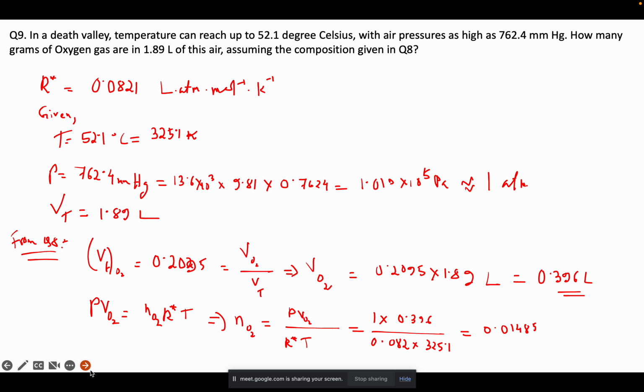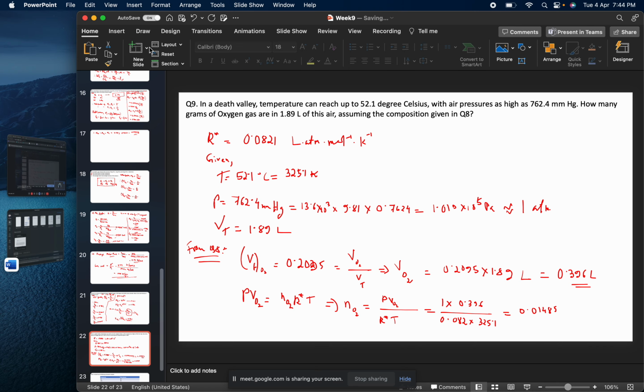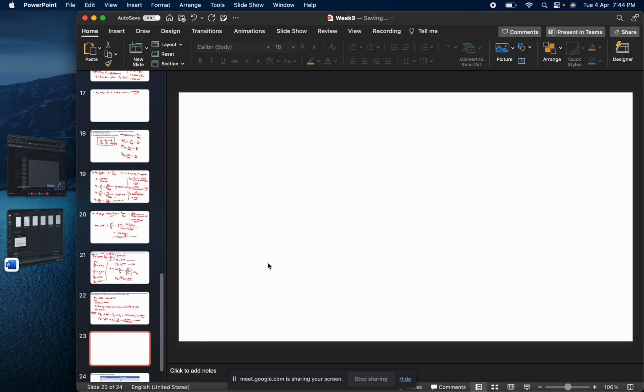Now we also know that number of moles is equal to given mass divided by molar mass.